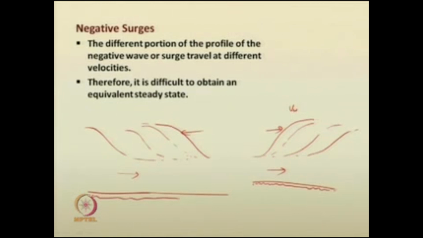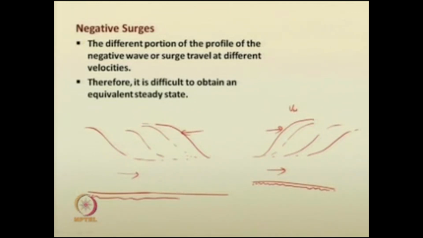Why do you have to analyze the negative surge differently compared to the positive surge? In positive surge, you have seen that almost the front of the wave is vertical. So, you were able to readily apply the equivalent steady state condition to the entire range of that wave. But in the negative wave, the profile is not a vertical front.